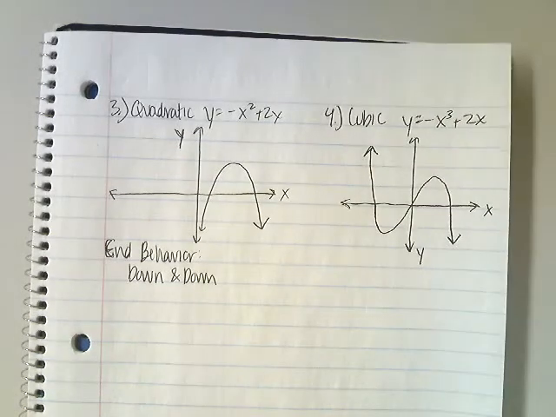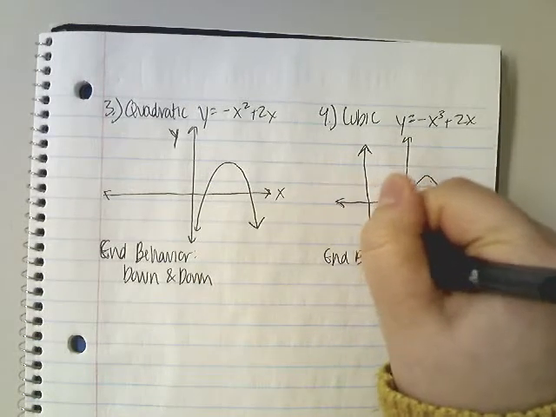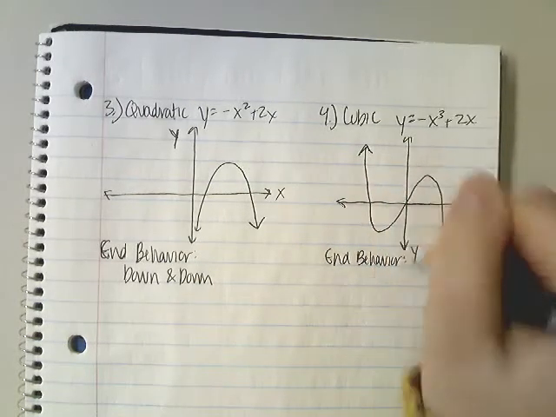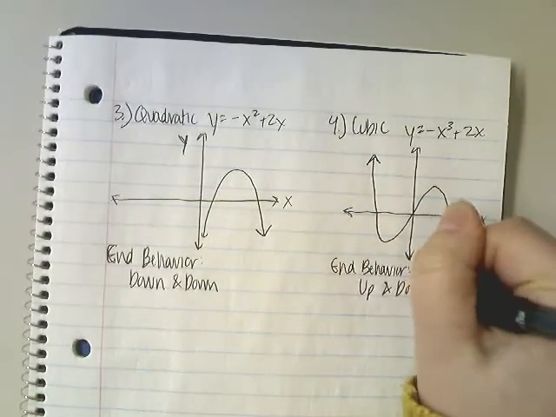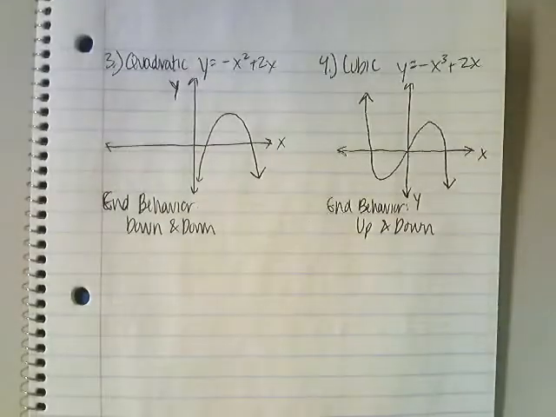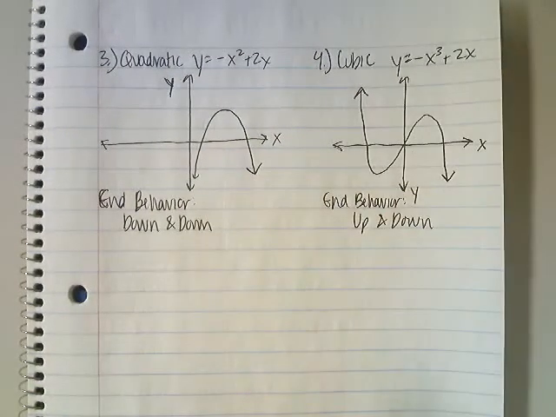So we have a function that looks more like this. So our end behavior is going to be up and then down. So pretty straightforward, I think. It's just whichever way the arrow is pointing when you look to the far left or far right.